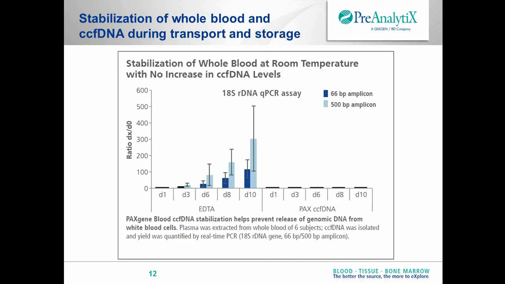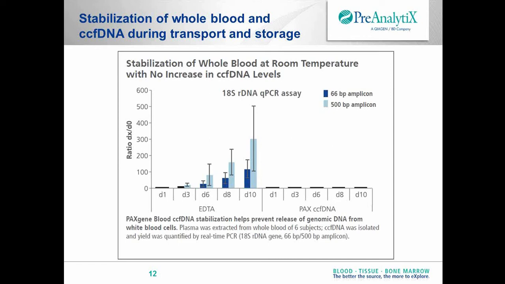In the EDTA blood, you see a strong increase of the 18S rDNA from the plasma. But in comparison, for the PAXgene ccfDNA, you see no increase of 18S ccfDNA up to 10 days.